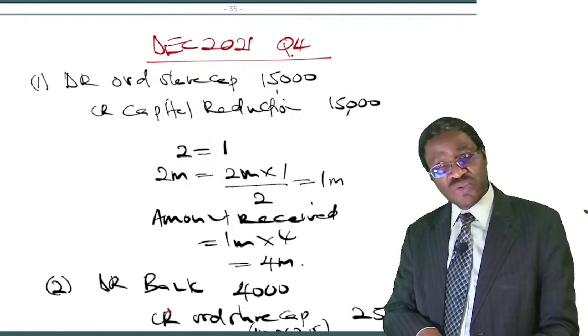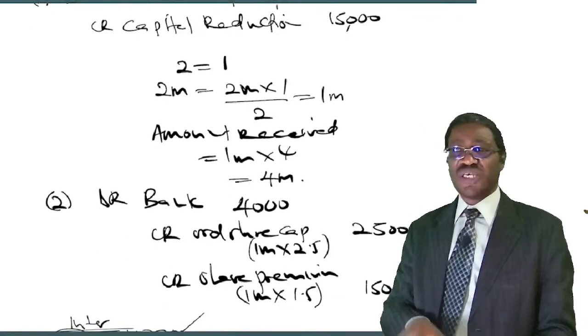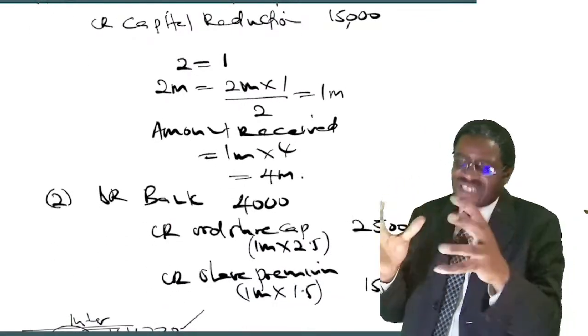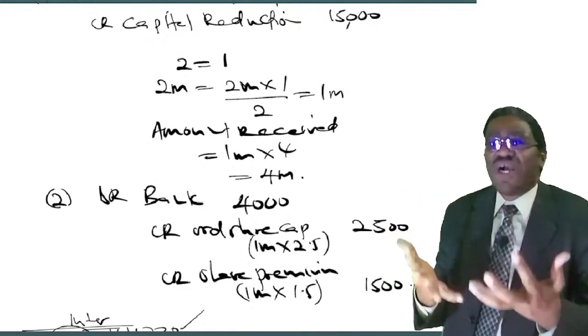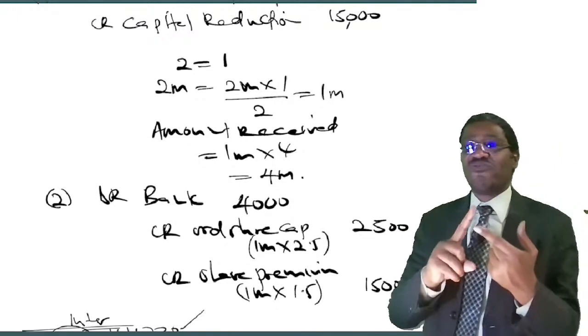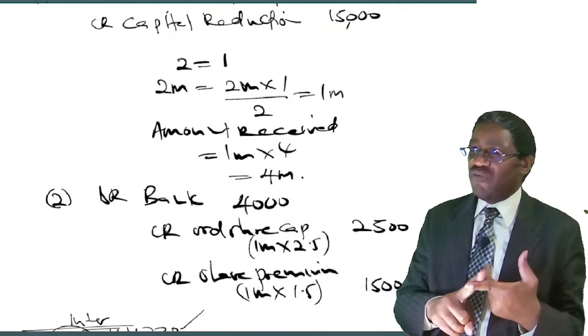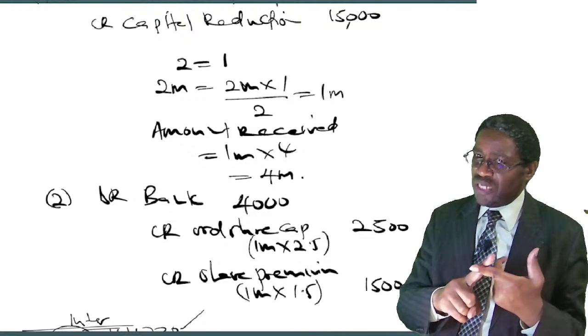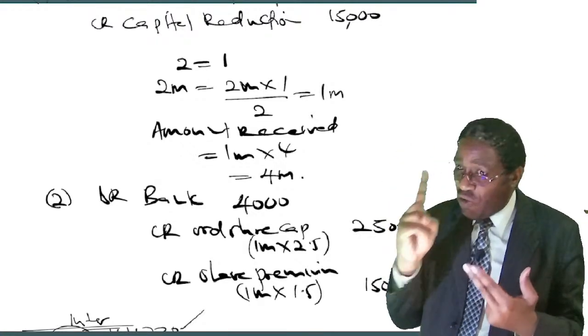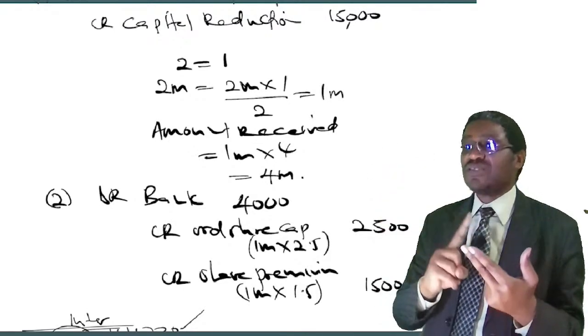Then the question went further to say, once they redesignated one share to 2.5, they asked the existing shareholders to subscribe for one share for every 2, at 4 shillings.